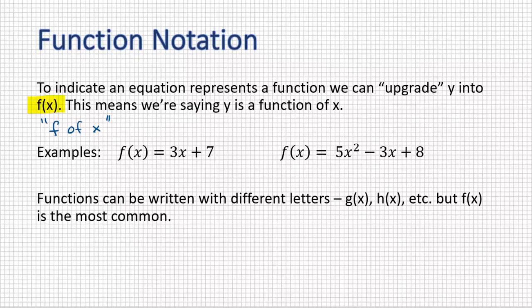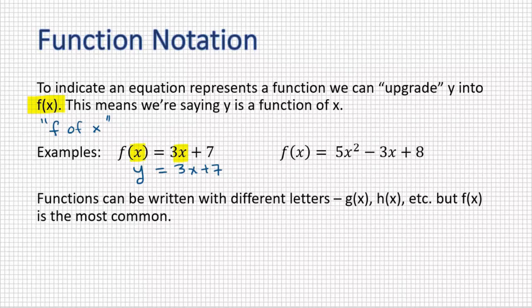In other words, y is a function of x. This notation, rather than writing y is equal to 3x plus 7, which is a valid way to write f of x equals 3x plus 7, is simply another format that highlights to us that the variable we're changing is the x.